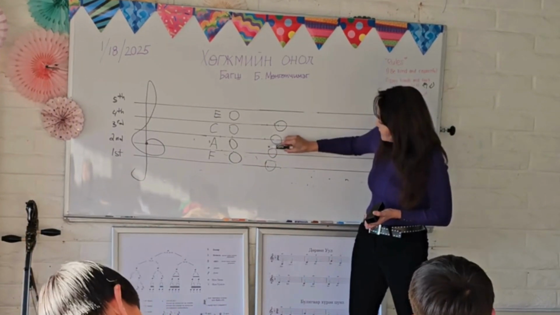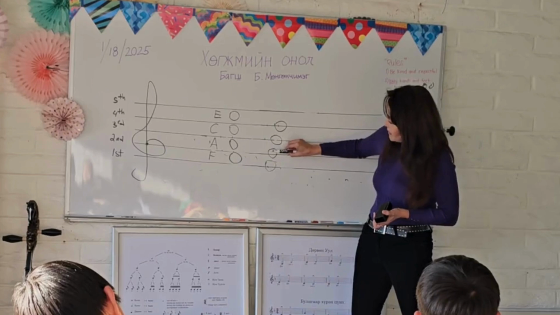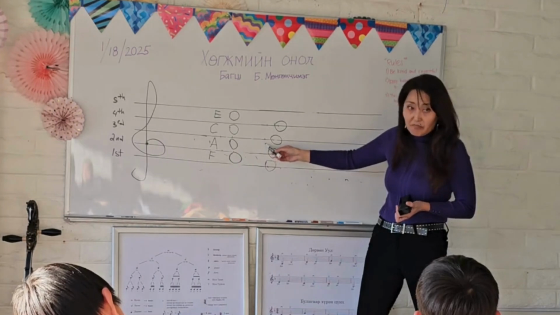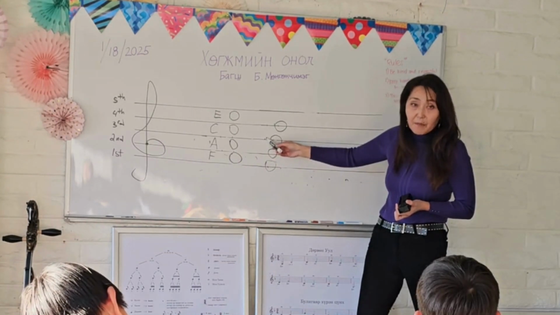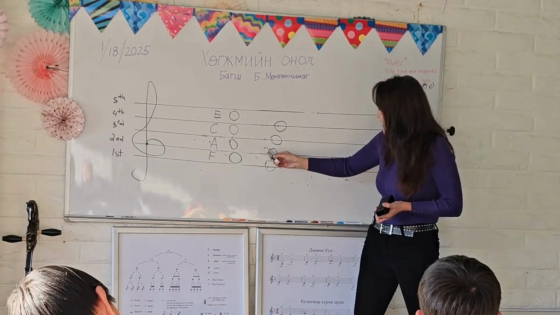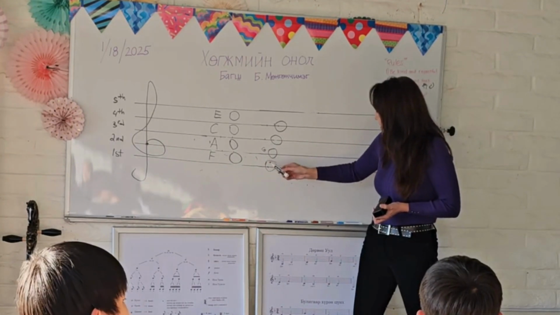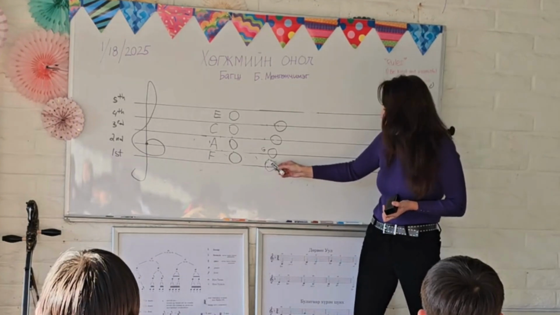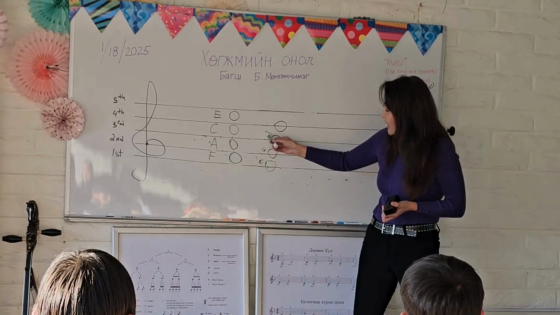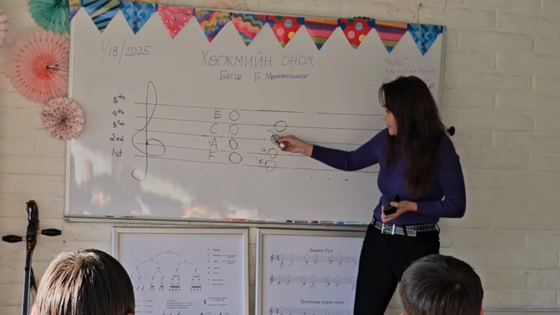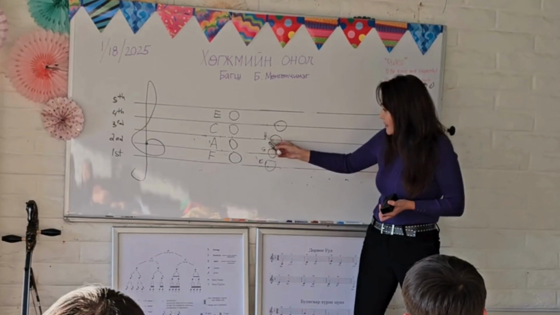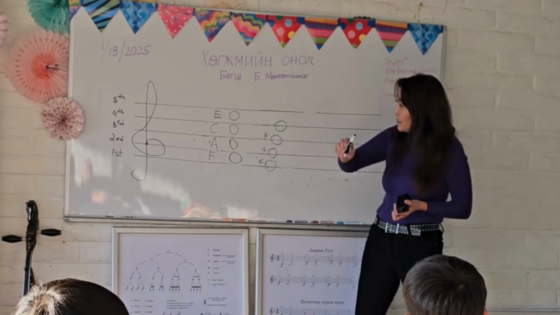So if this is a half step down from A, what will it be? Just be brave. It can be wrong. G. Yes, this is G. What is this? E. What is this? B. The B, he already said. B.